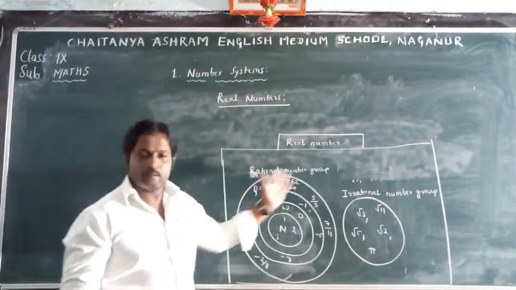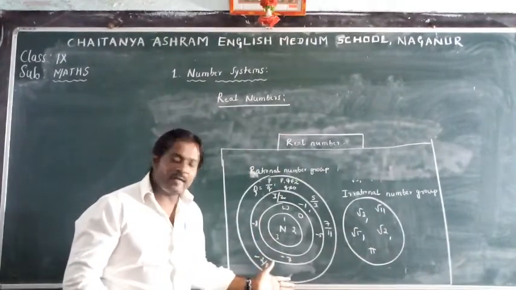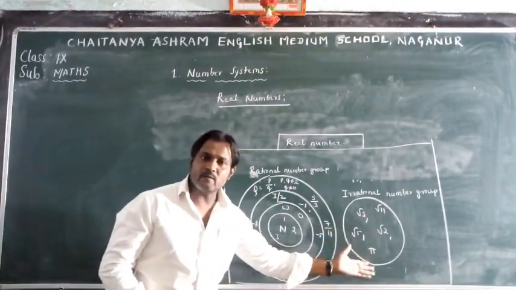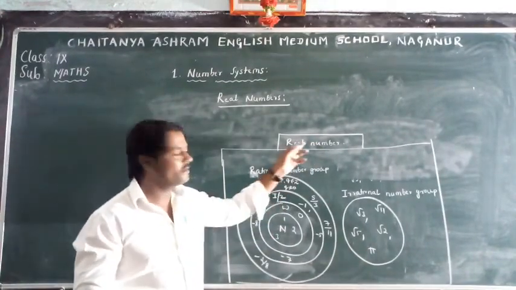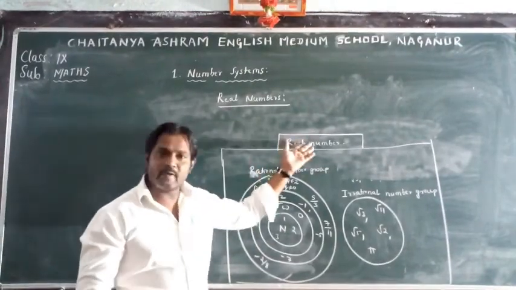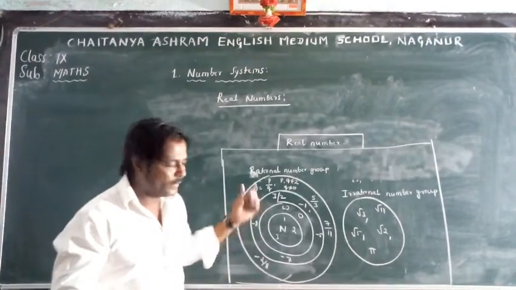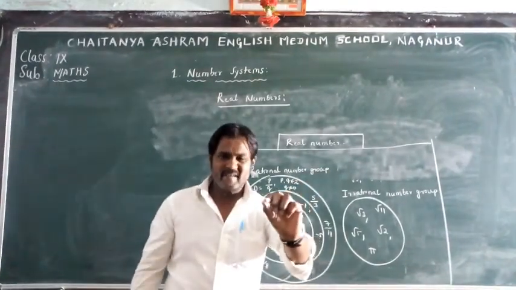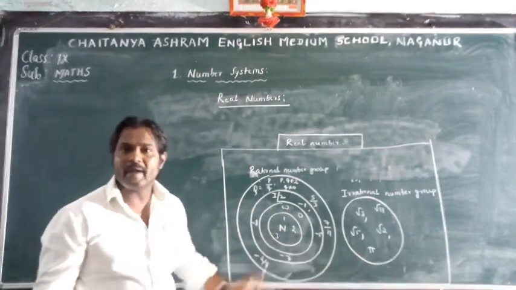See the diagram. In the real number bag, rational numbers are there, irrational numbers are there. Natural numbers, whole numbers, integers, rational numbers and irrational numbers are all real numbers. So whichever one we take is first called a real number, because it is from the real number bag.